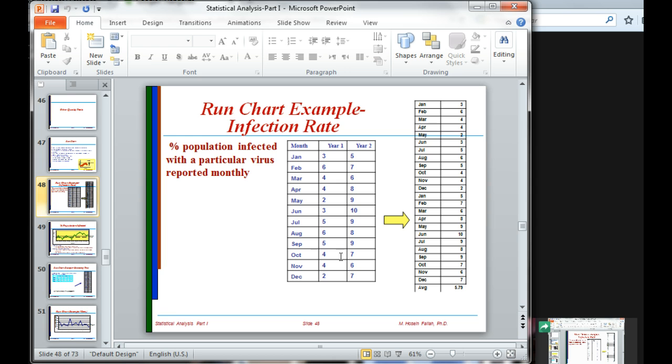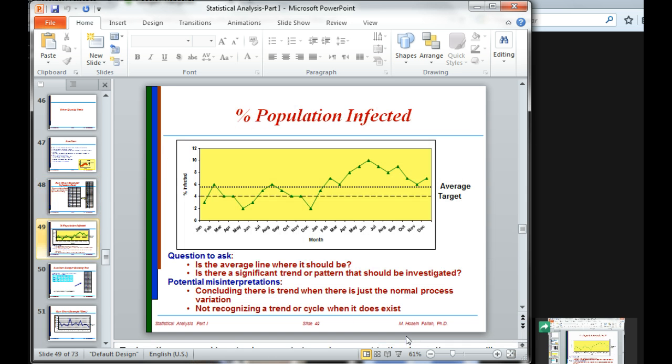So I've created 2 years of data here, January going to December, and then again the second year going to December. If you put them in one column and then plot them as a run chart, you will see something like this.